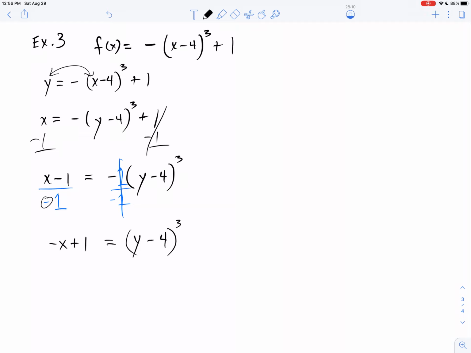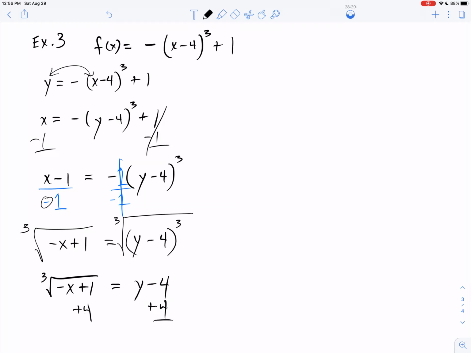I am then going to cube root this, which will give me the cube root of negative x plus 1 equals y minus 4. I'm going to get y by itself because I'm almost home free. I've got to move the 4 over.